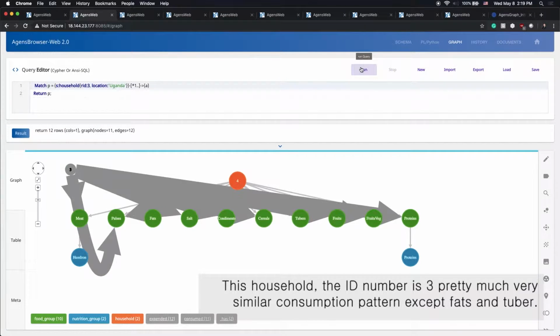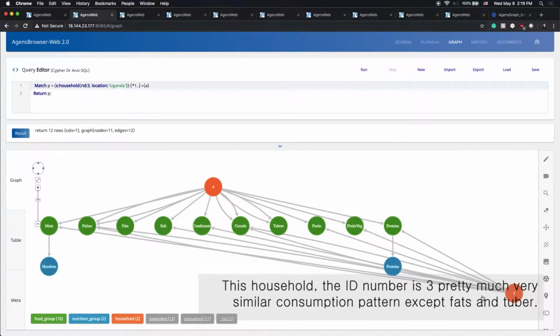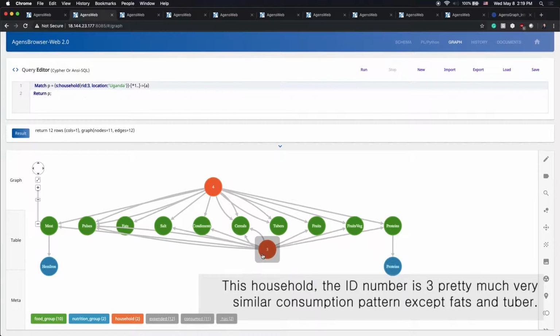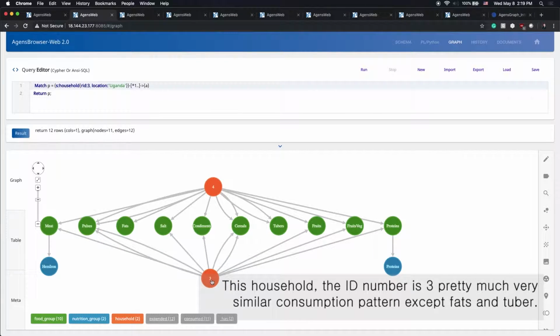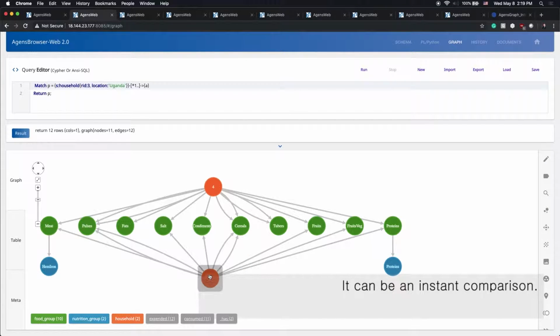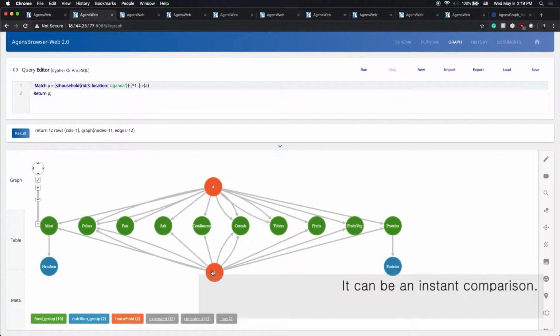When you add household ID number 3, it has a very similar consumption pattern, right? Except fats and tubers. So this can be an instant comparison.